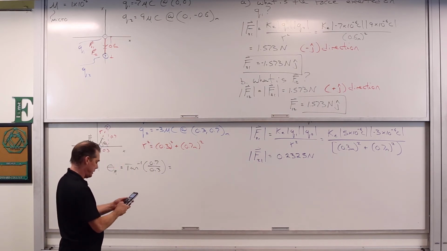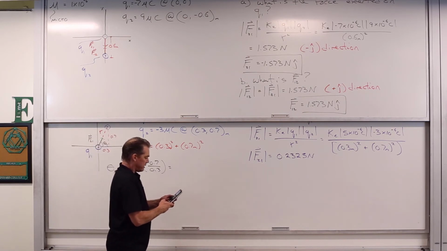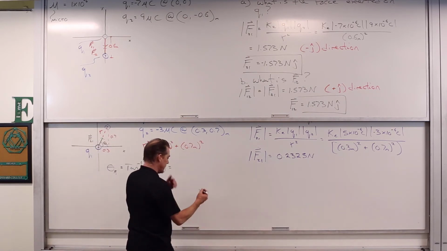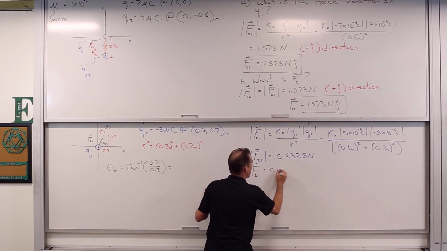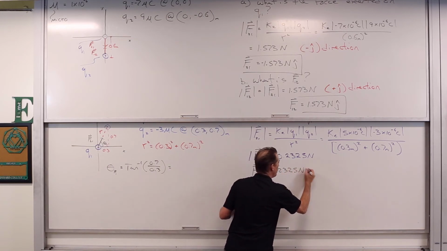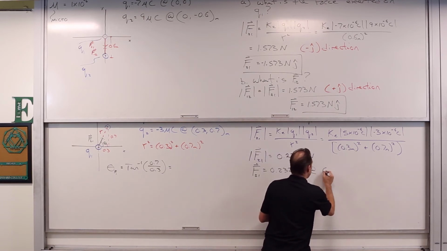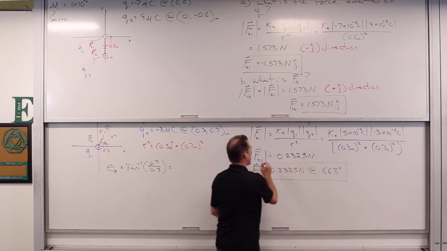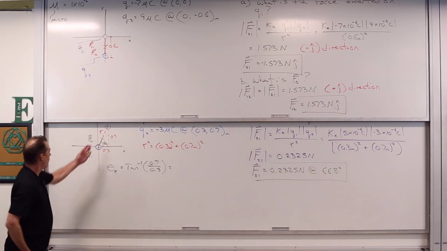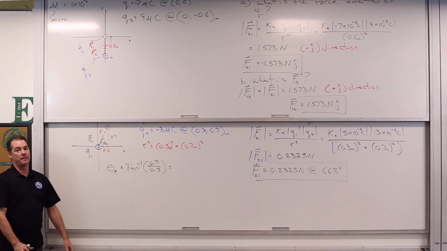Definitely want to be in degrees. 0.7 divided by 0.3, and 66.8 degrees. So in the end, we've got F21 hat is equal to 0.2325 newtons at 66.8 degrees with respect to the positive x direction. And there we go. You get the direction geometrically.